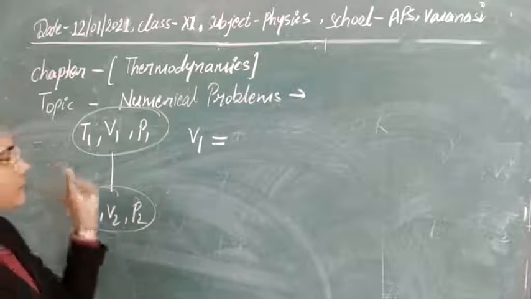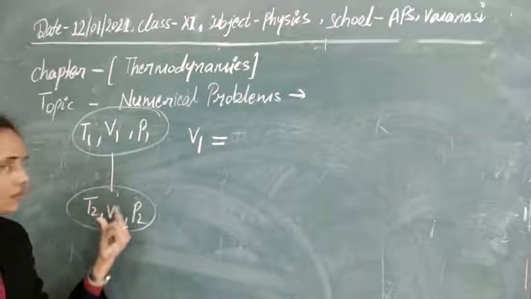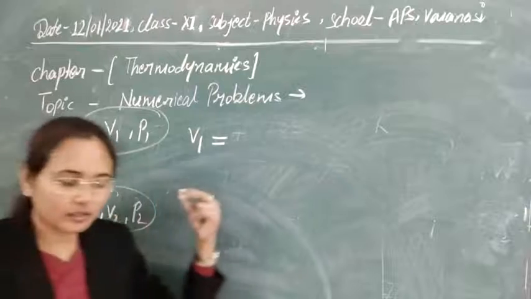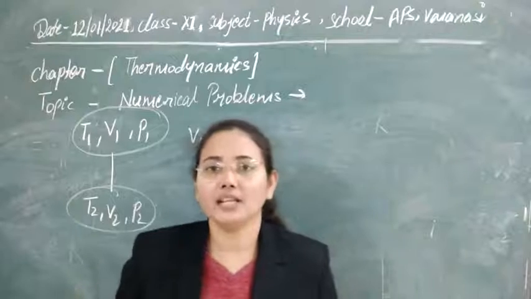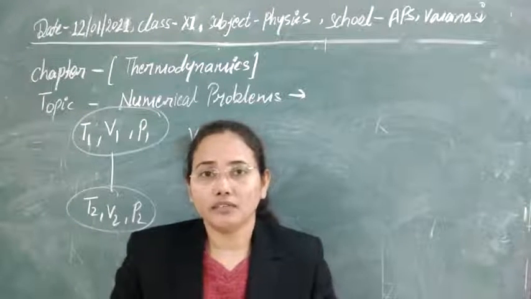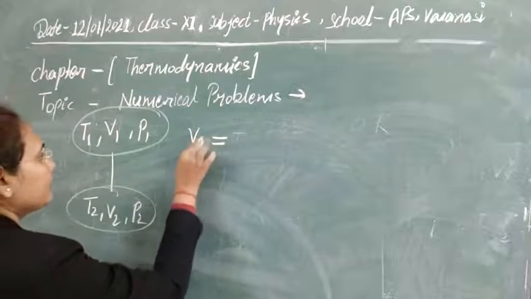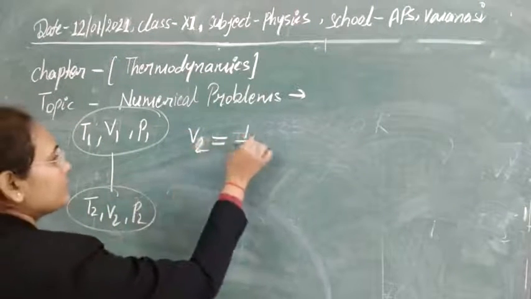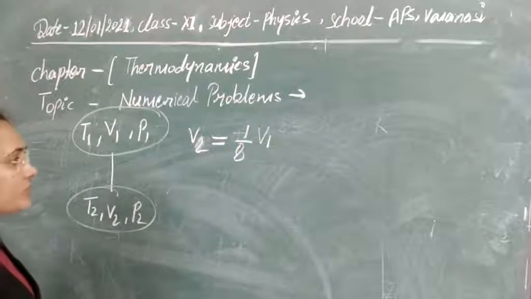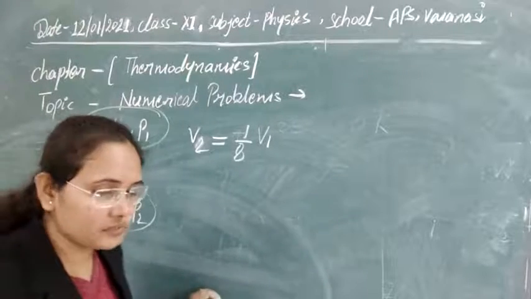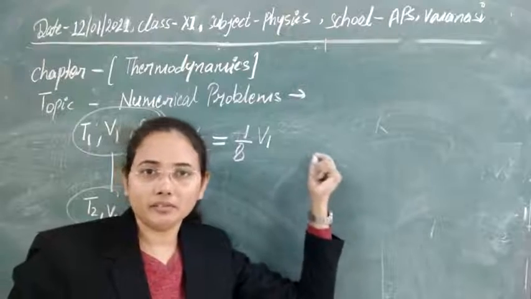So the relationship between these two is that V2 is just 1/8 of its original value, means we are compressing it 8 times. So if you compress it 8 times, it means that the value of V2 is 1/8 of V1. Clear? Means we are just reducing its value, and after reduction you will get the volume equal to 1/8 of V1.